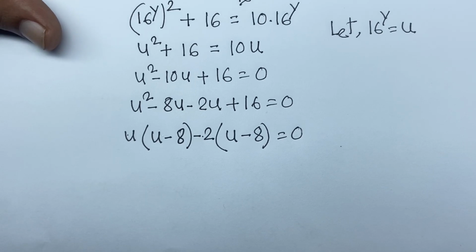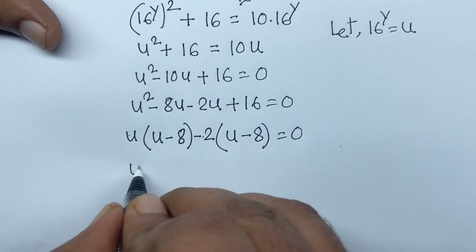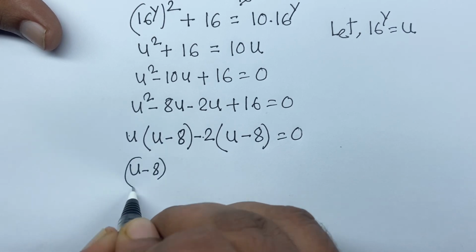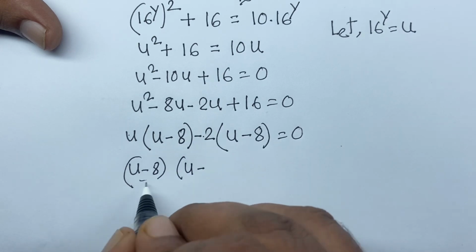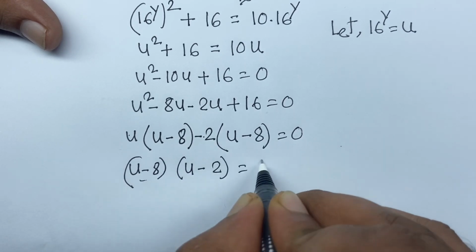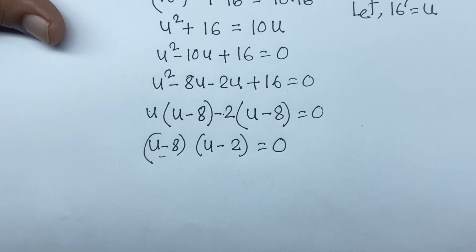Then u - 8 is common, so (u - 8)(u - 2) = 0. So in this case we'll find out two cases.